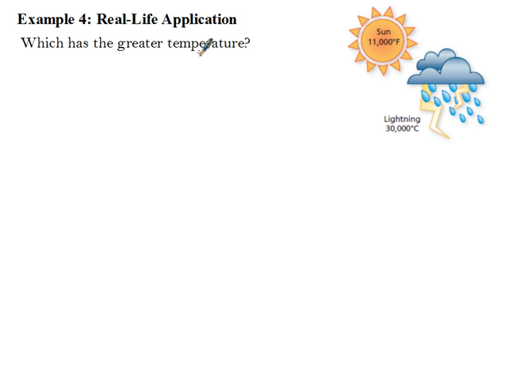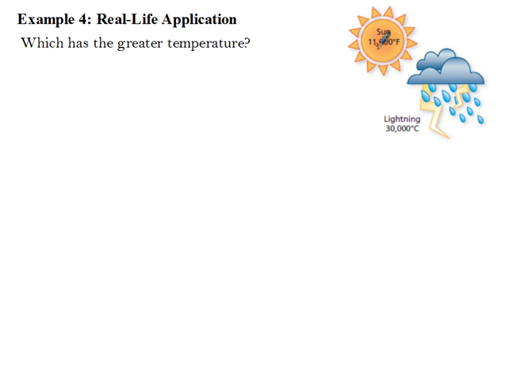So you're going to have to use a temperature conversion that I showed you in a previous lesson, and you're going to have to change one of these: either change the sun temperature to Celsius to compare it to the lightning, or change the lightning from Celsius to Fahrenheit so that you can compare it to the sun temperature.